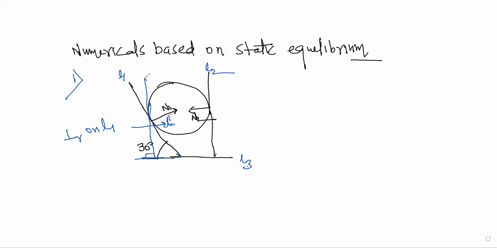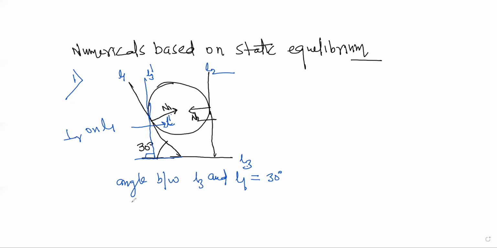So this is a line L3 dash. L3 dash is perpendicular on L3. So the angle between L3 and L1 here, the angle between L3 and L1 is equal to 30 degrees.